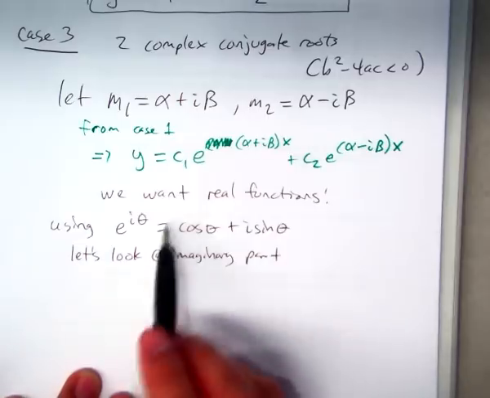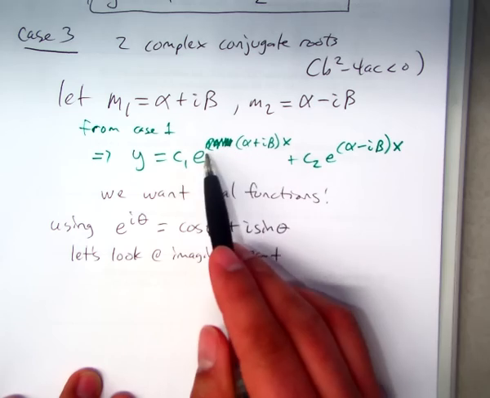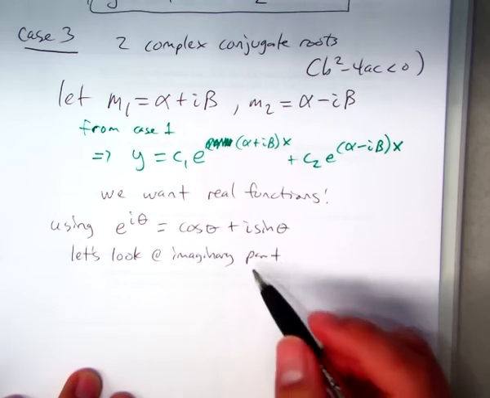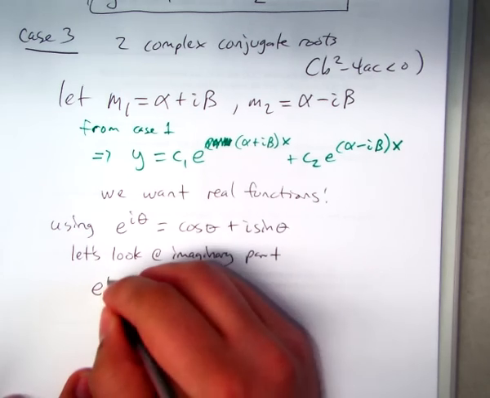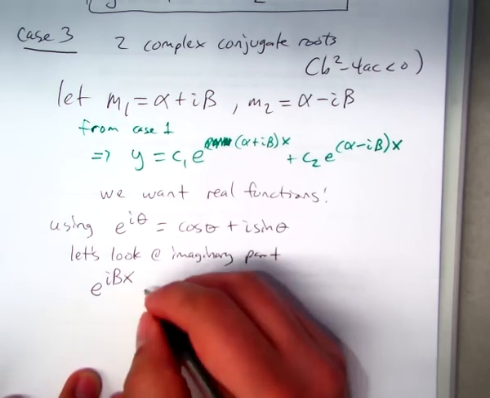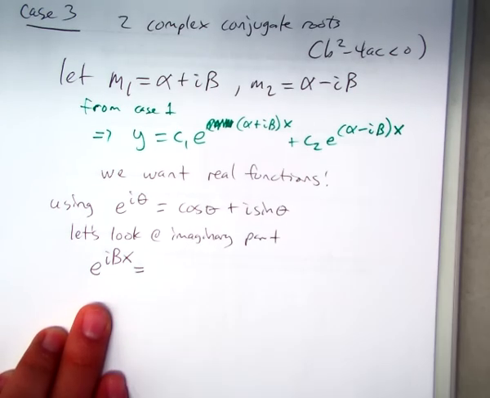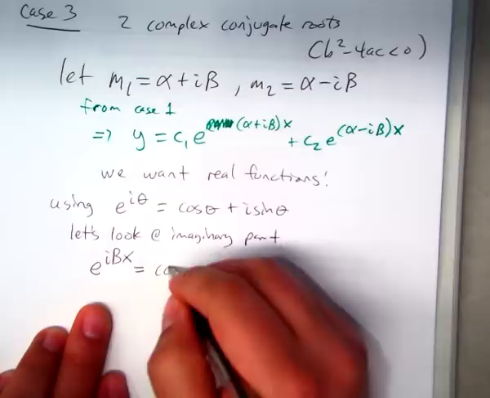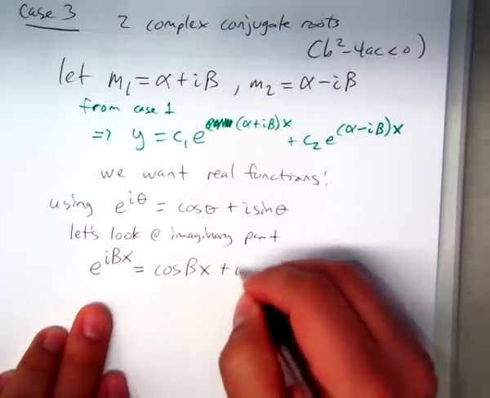So in the first equation, our imaginary part is e to the i beta x. And according to Euler's identity, what would this turn into? Cosine beta x. Good.